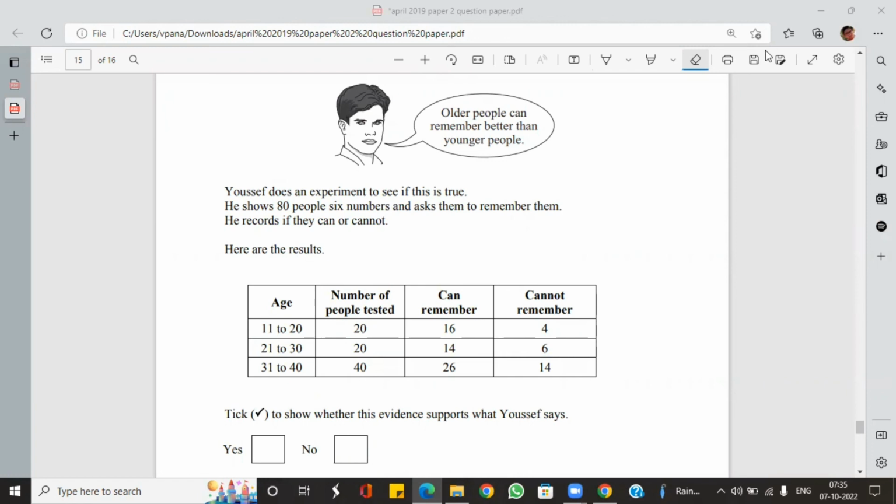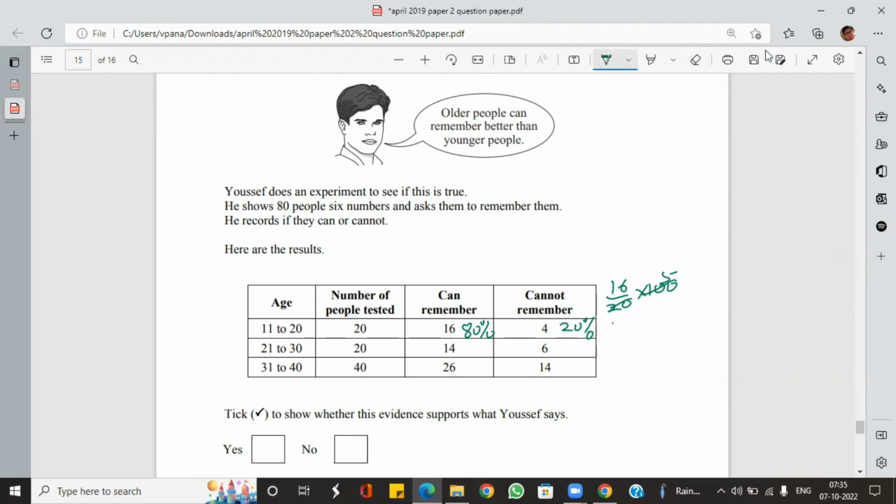So let us find out the percentage of the people who can remember and who cannot remember for different age groups. So it is 16 from 11 to 20. It is 16 upon 20 times 100. So 5 times 16 is 80, 80% can remember. So then 20% cannot remember.